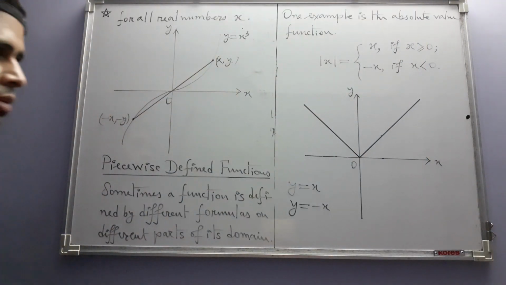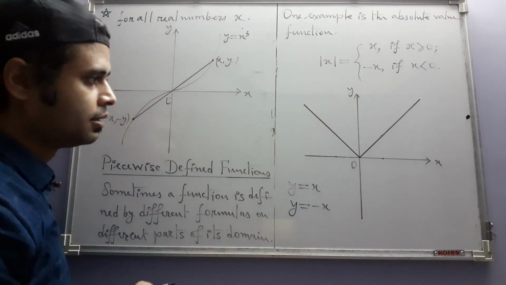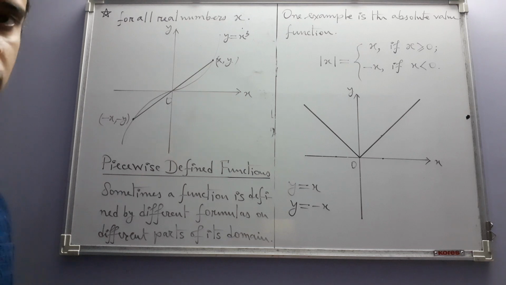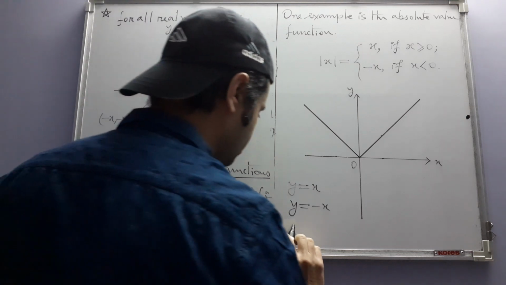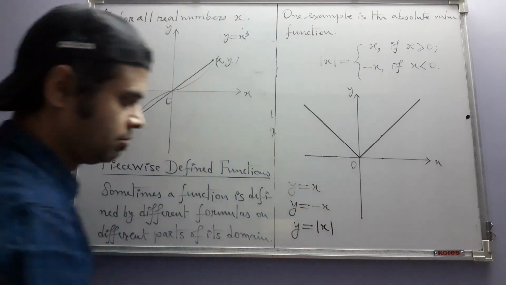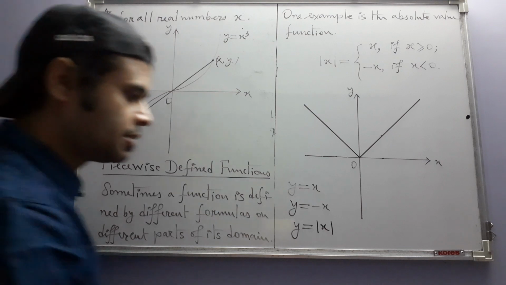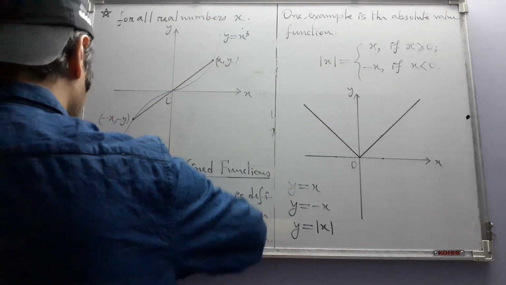So this is the graph. These lines, of course, go on without any end. This is the graph of the absolute value function y equal to absolute value of x. So this is one example of a piecewise defined function.